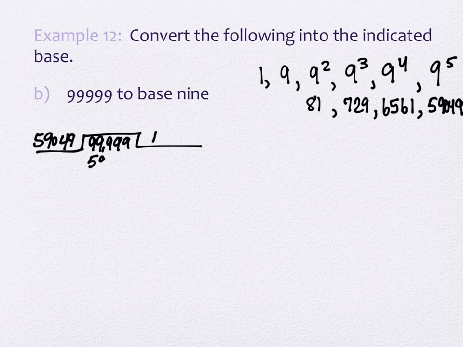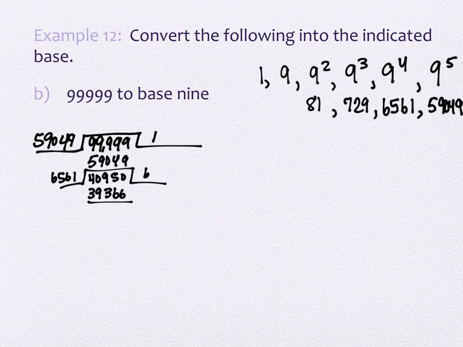So 59,049. And if we subtract, we get 40,950. And then we'll divide by 6,561. It goes in 6 times. 6 times 6,561 is 39,366.